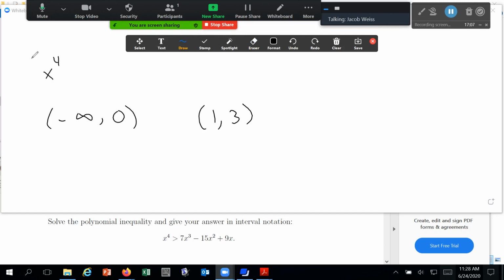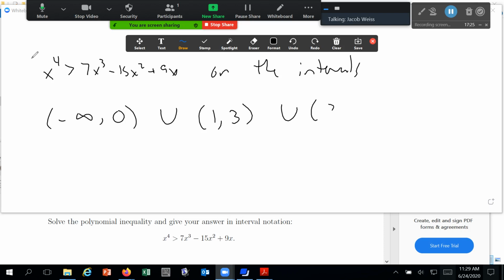So we can conclude then that x to the fourth is greater than 7x cubed minus 15x squared plus 9x on the intervals, okay, from -infinity to 0, and from 1 to 3, and from 3 to infinity.